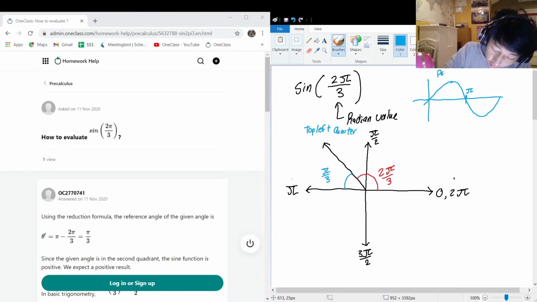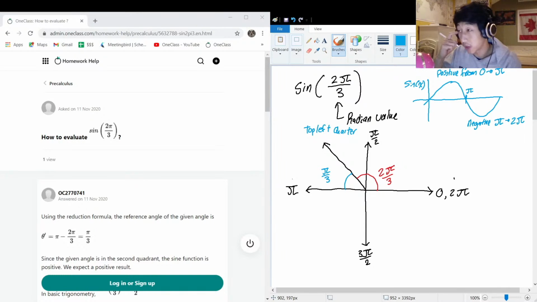So it's positive from 0 to pi, and negative from pi all the way up to 2 pi. Just by looking at the graph, you can see that since it's between 0 and pi, the result has to be positive.